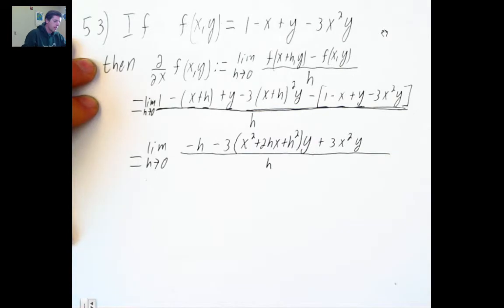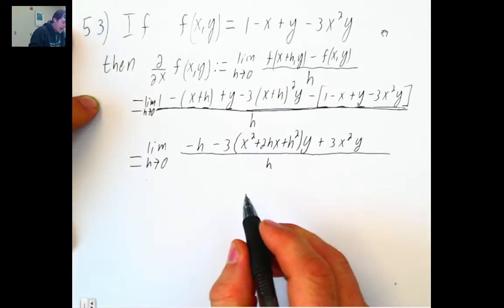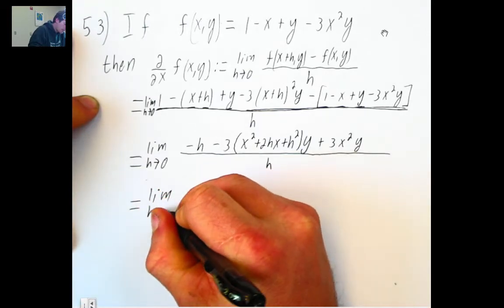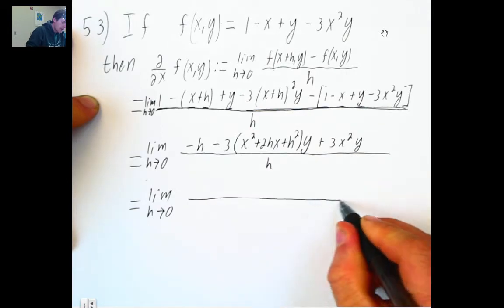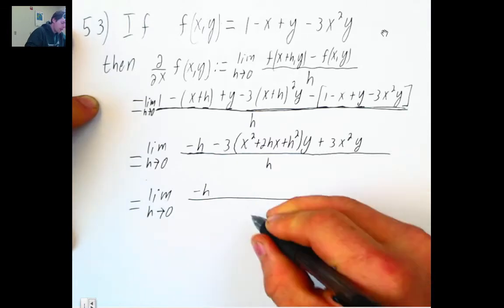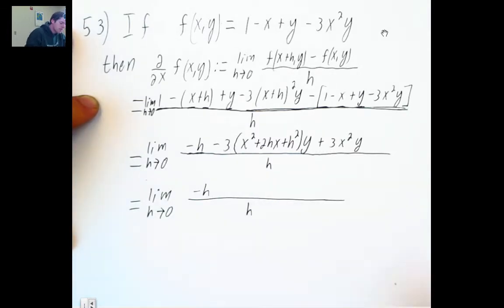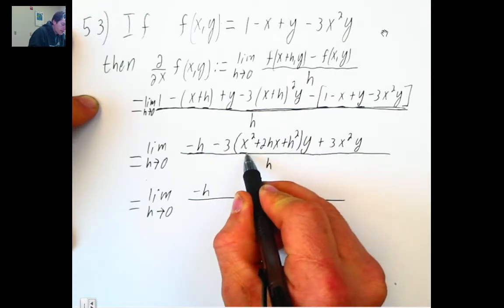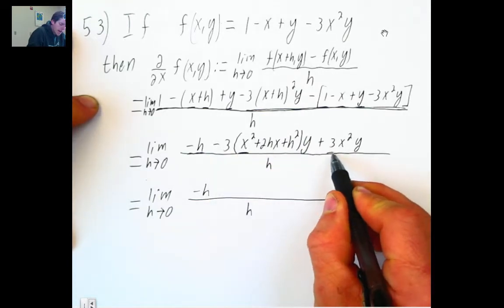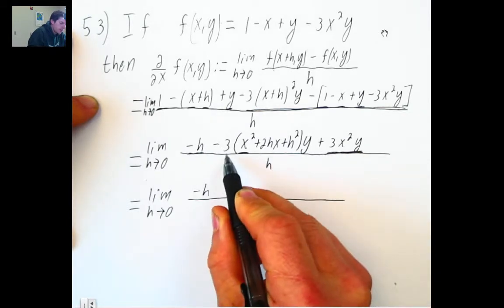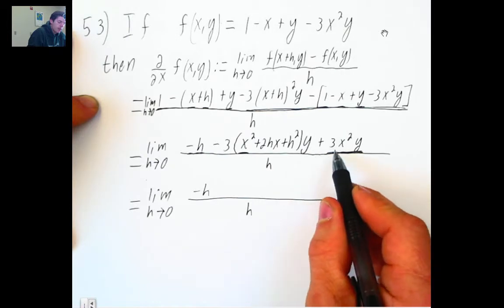Still have an h down here. Now, negative h will stay there. The negative 3x squared y, this guy right here, and that right there, those are going to cancel each other now. Right? Negative sign on this one, negative 3x squared y, and positive sign on this one.